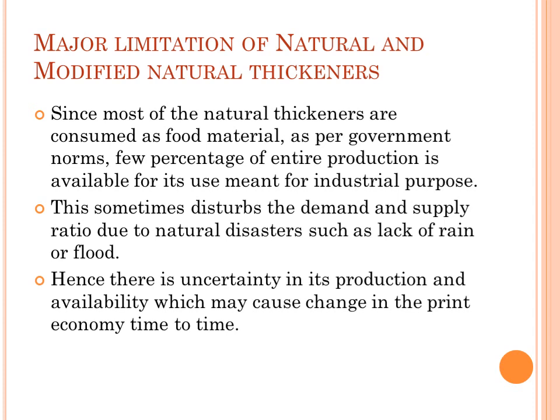So it disturbs the demand and supply ratio for food purpose as well as industrial purpose. This is how the economy also gets affected. So sometimes we can get cheaper prints, sometimes we may have to pay more for those prints. Yes, there is uncertainty in its production and availability, which may cause change in the print economy from time to time. So this we need to take into consideration.